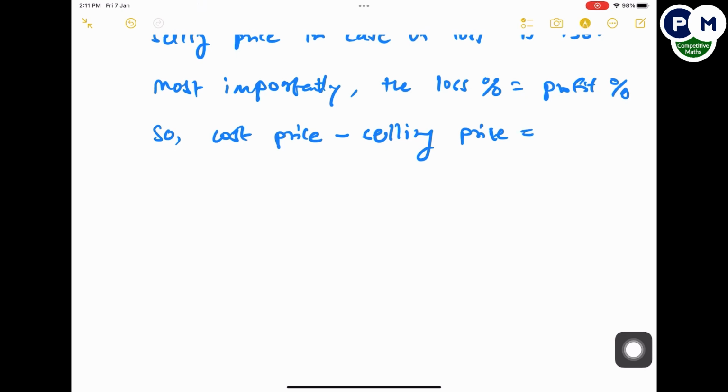And the loss percent equals profit percent. So, cost price minus selling price equals selling price minus cost price.